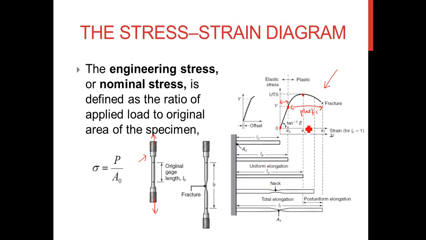But after the UTS point onwards, up to the fracture, we can see that necking happens on the material. That is what we call necking, or in some textbooks, necking is also known as a tensile instability phenomenon.